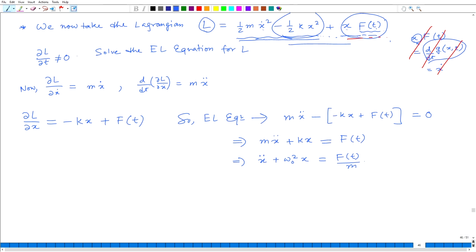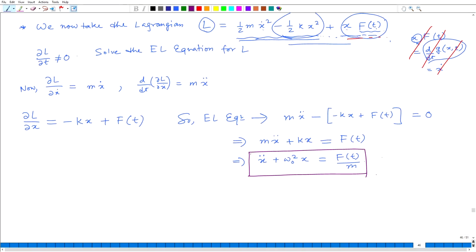Let me ask you whether you can recognize this equation. This equation is nothing but the equation of a forced harmonic oscillator without any damping. Again you see, this is a Lagrangian which is not exactly in the T minus V form, and also ∂L/∂t is not equal to 0.